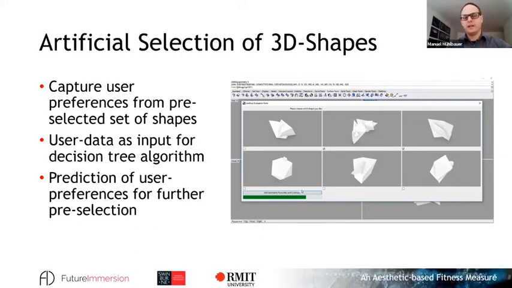The user data generated by selecting different design solutions as preferences and also objecting the other ones is then used as input for a decision tree algorithm to train classifier for then further predicting aesthetic preferences during the process.